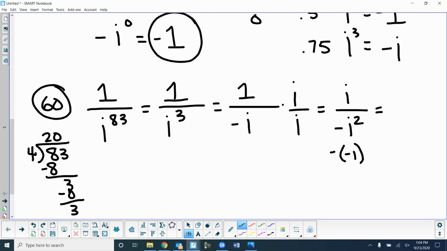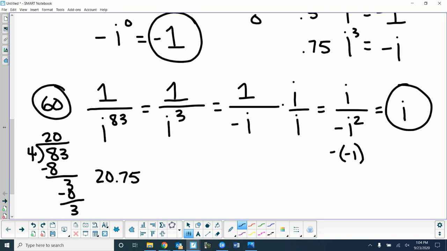Makes it a positive 1, right? So it's like i over 1, which is i. So we had to do some work after we figured out that 3 was the remainder, or in your calculator, you'll get 20.75, right? When you divide 83 by 4. Anything else on those types of problems from last night? Is it making sense to you?